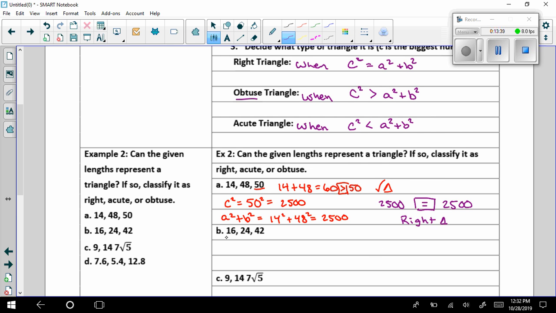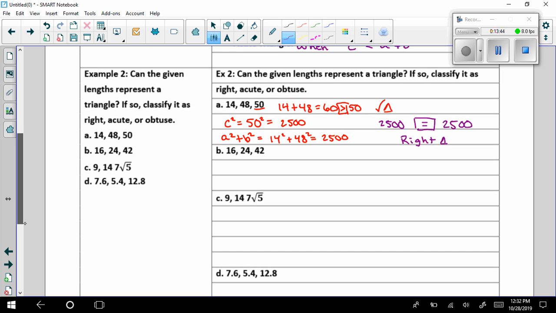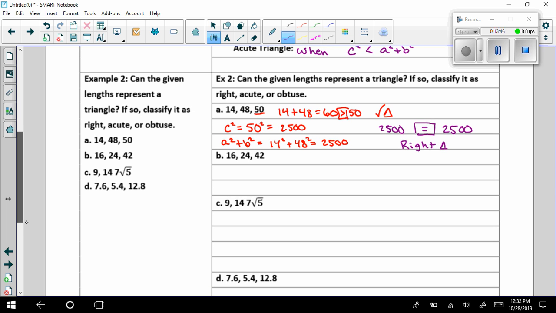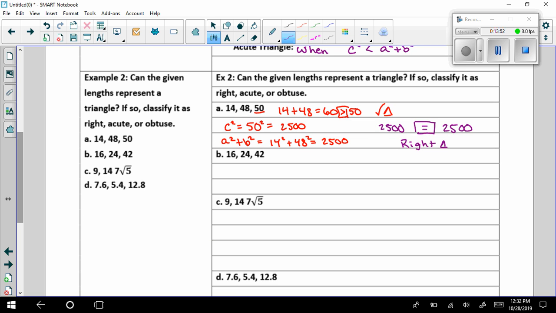Okay, so let's try, I'm going to actually have you try B, and I'm going to jump down here to C to talk about what happens if they are still in radical form. There should be a comma here. So 9 plus 14 is 23.